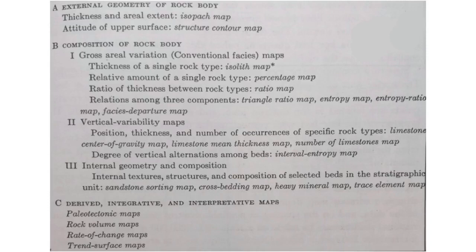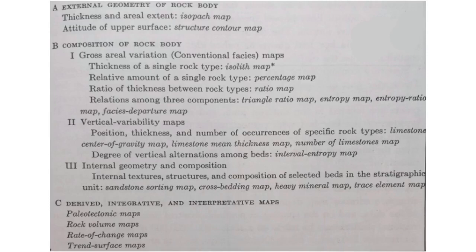If you have an area with sandstone, limestone, and marl outcrops, and you concentrate on the thickness of sandstone and draw a map based only on the thickness of sandstone, this is called an isolith map.